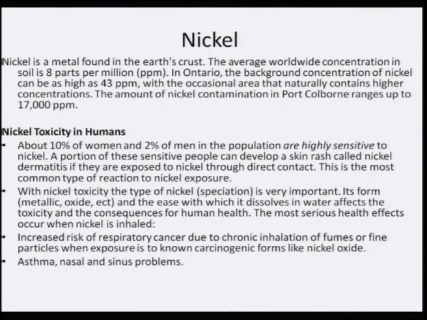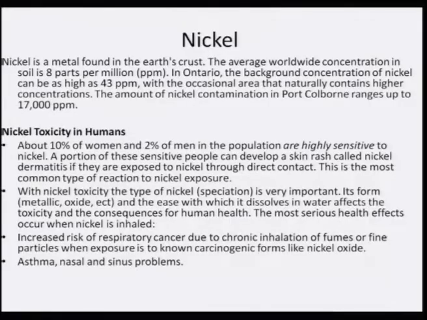Coming to yet another metal, nickel. It is also not very toxic, but still any overdose of nickel can reach the toxic limit. Nickel is a metal found in the earth's crust. The average worldwide concentration in soil is 8 parts per million, ppm.